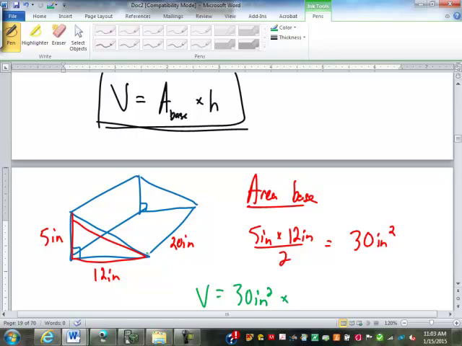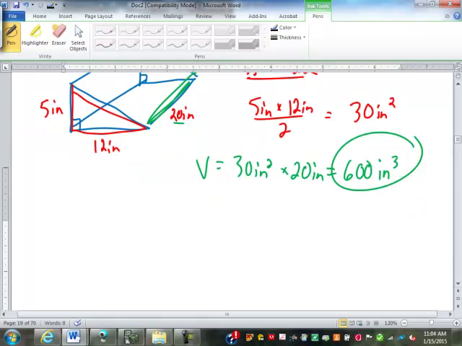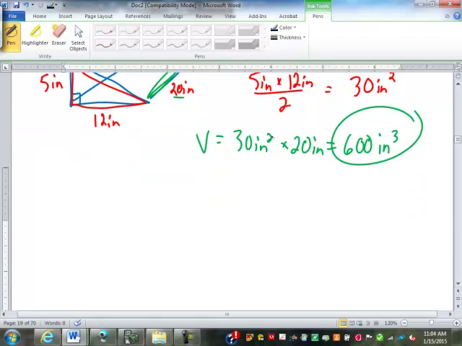The height is the distance between the bases, so that would be the 20. So 30 square inches times 20 inches, 30 times 20 is 600. Square inches times inches is inches cubed, cubic inches. So you can see by having that area of a base times a height, I don't need a new special formula to do a wedge.